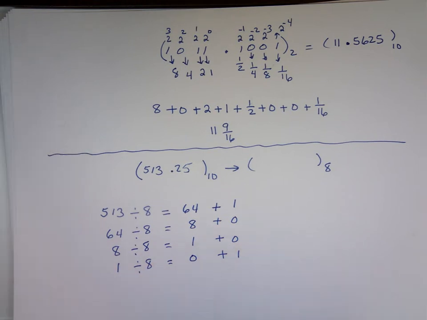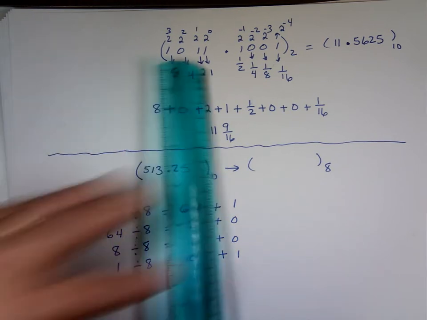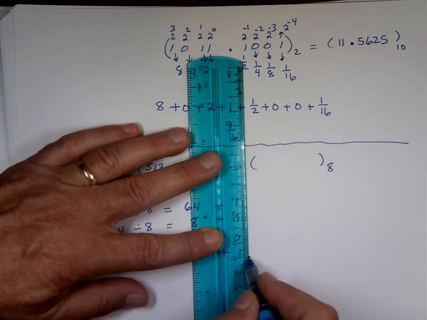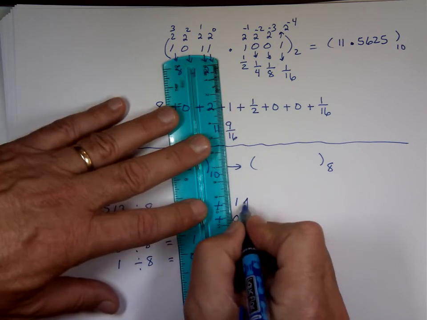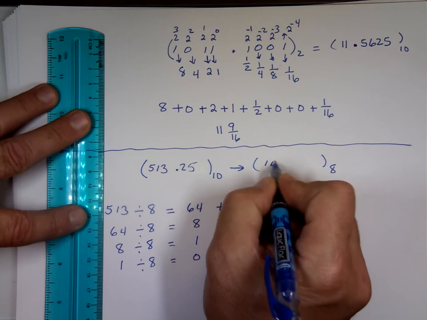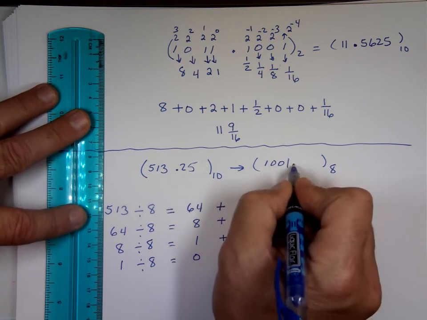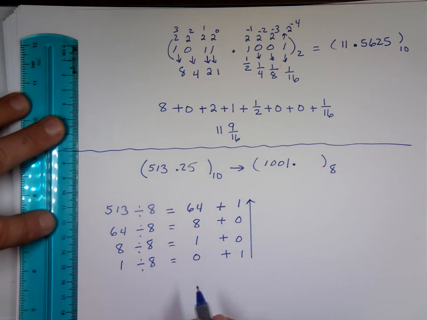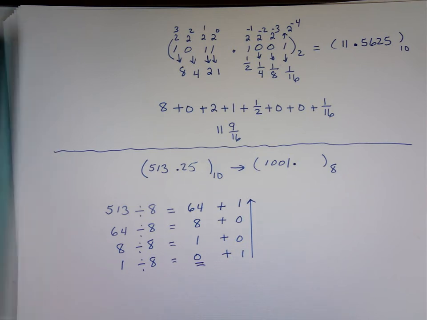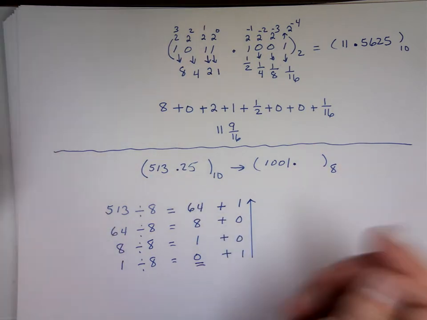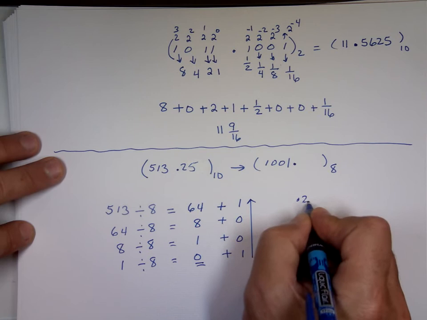It looks binary. I don't like this example I chose there. Just pure luck. 1, 0, 0, 1. It looks like a binary number, but it's not really meant to be that way. I wish we had a remainder of 3, 2, whatever. 0.25 multiplied by 8.